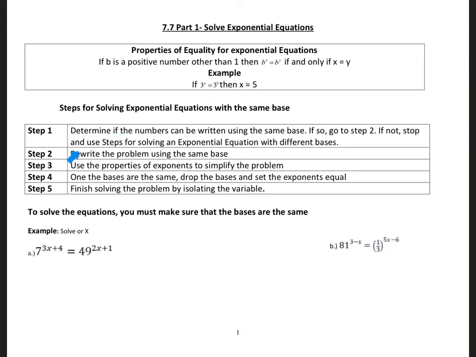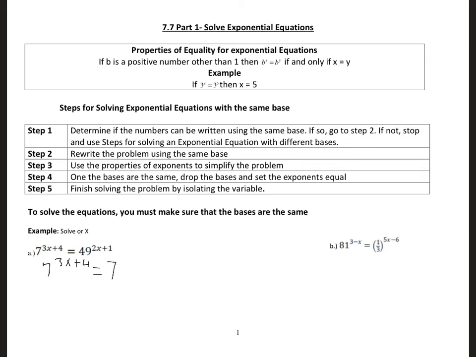And here we have an example, and we have the steps to do it. We are told to solve for x. So let's work it out. Here, I just need to make sure the bases are the same, because if the bases are the same, then I can equate the exponents.